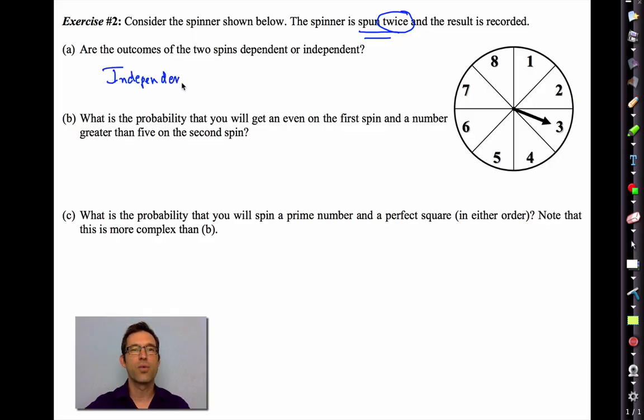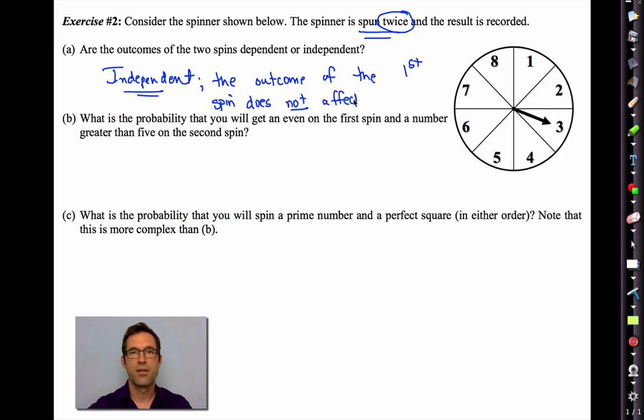In other words, the outcome of the first spin does not affect the outcome of the second spin.